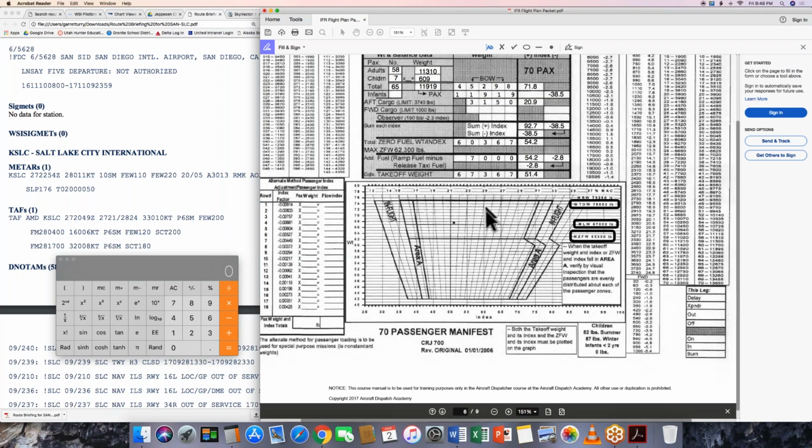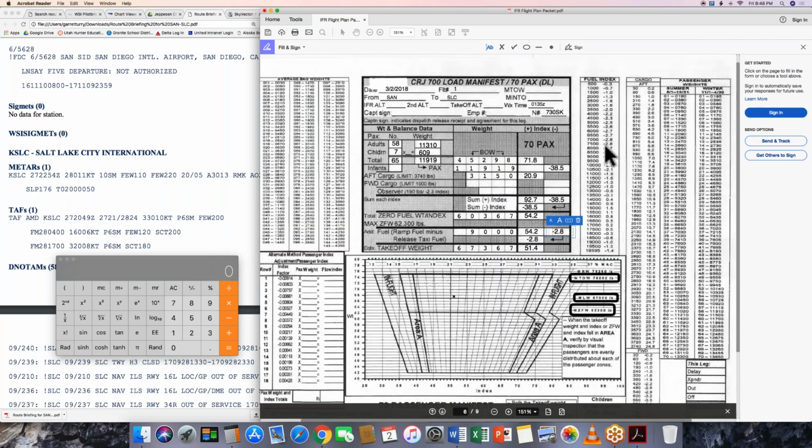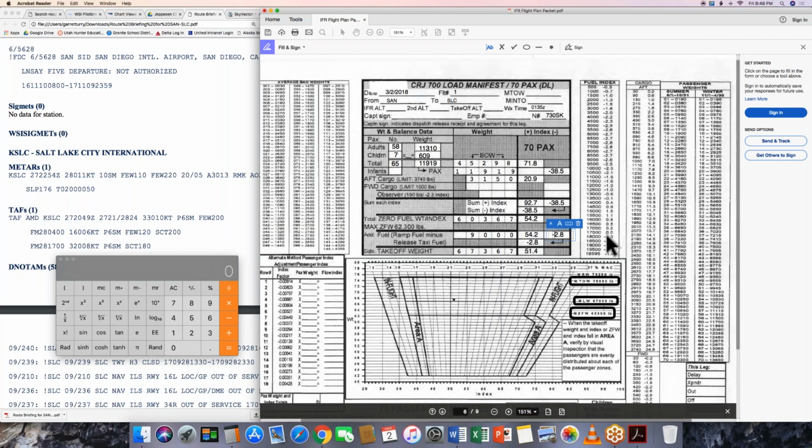Aha, there it is. Okay, so let's change this to 9,000 pounds really quick. And we'll change this number to that 2.6. So it doesn't change us that much, but every little bit helps or hinders.